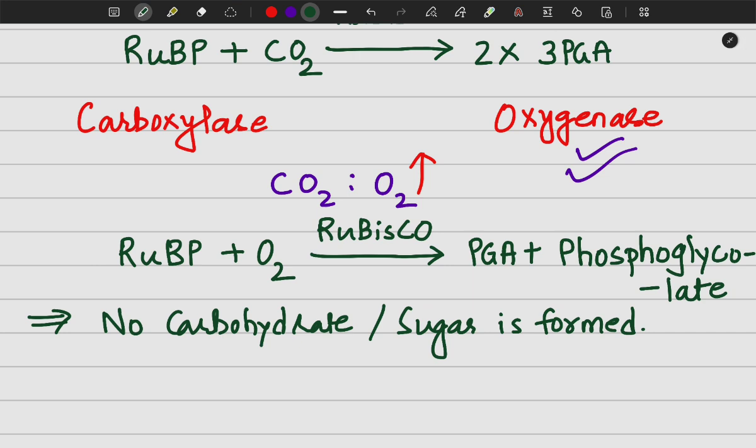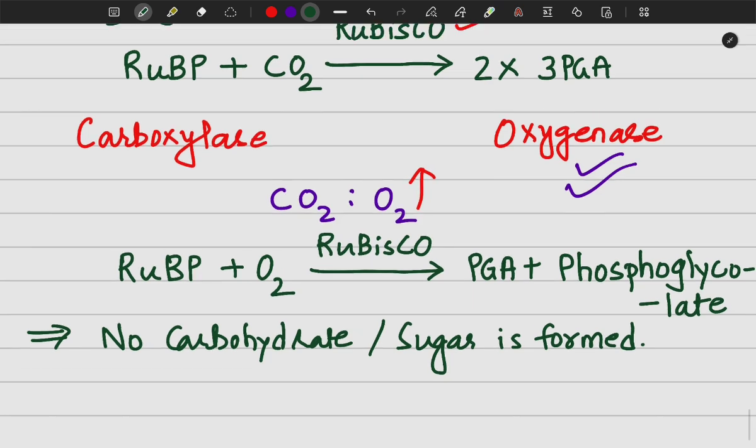But here, when the oxygen concentration increases, then there is no fixation of carbon dioxide. Instead, phosphoglyceric acid and phosphoglycolate are produced, and the C3 cycle does not proceed further. So there will be no carbohydrate production. Alright, so this does not help the plant in any way.